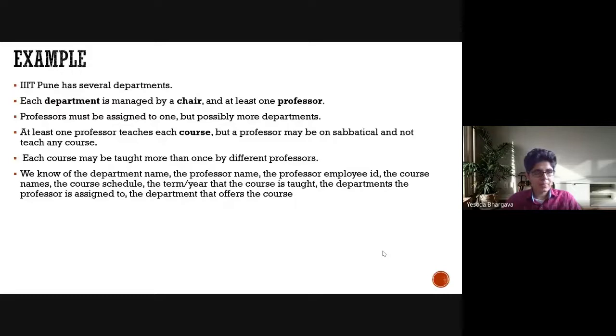What else? What do you mean by assets, Tarun? Okay, yeah. So chairperson could be a class. Anything else we are missing here?